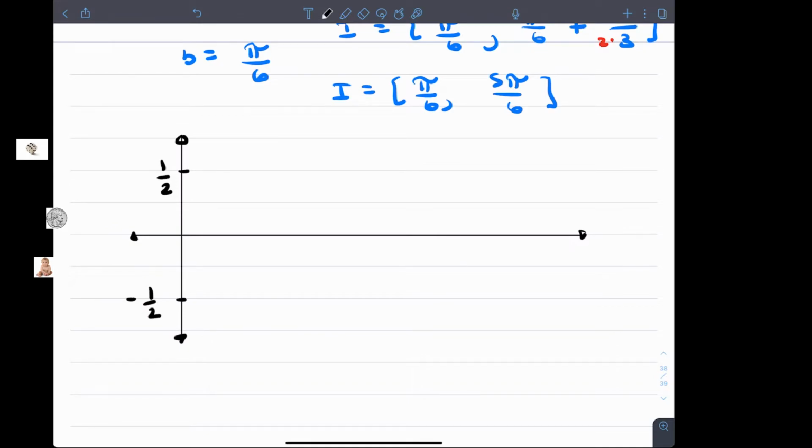Minus 1/2. Now, where do you guys start? Remember, the interval of one cycle tells you where to start and what? End. So if it's positive, isn't that to the right? I know it's not to scale, so that'll be where we start, pi over 6. And then where do you end? 5 pi over 6.